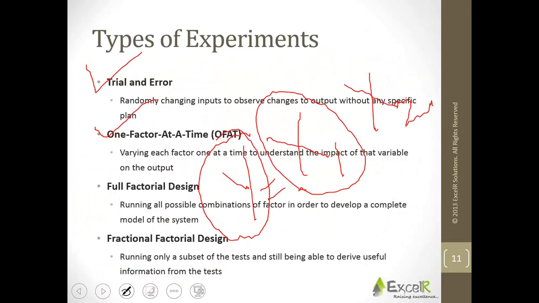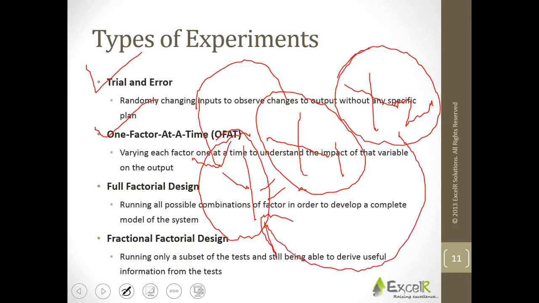If you change just the number of people and see what is the impact on y, that is one factor at a time. If just the outside temperature changes and then you see what is the impact on your output, that is also called one factor at a time.